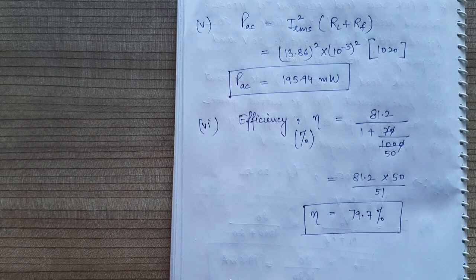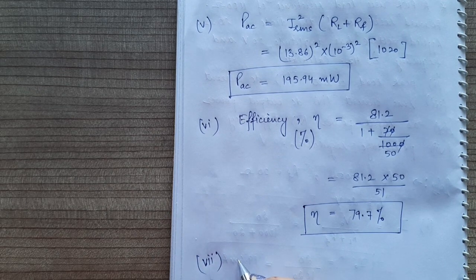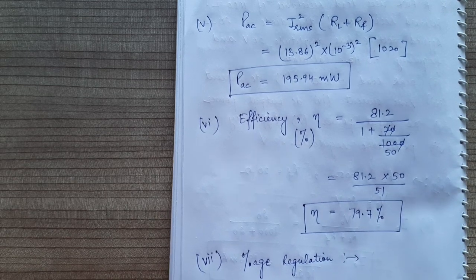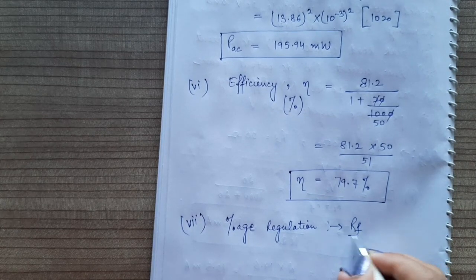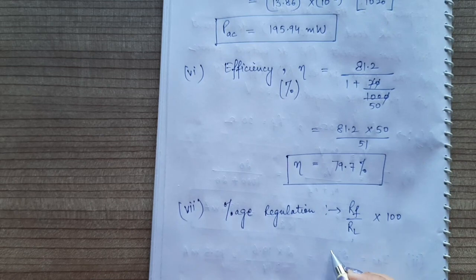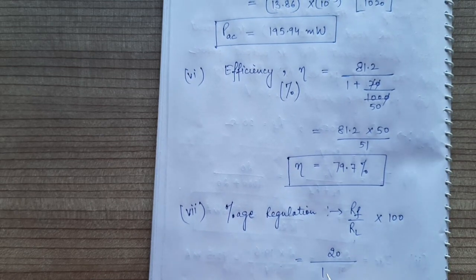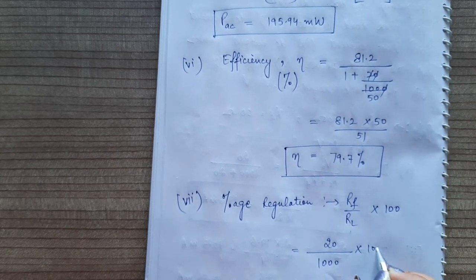And the last thing we have to calculate is voltage regulation in terms of percentage. You can easily calculate percentage regulation by using the formula RF by RL into 100. RF is just 20 divided by RL is 1000, into 100.